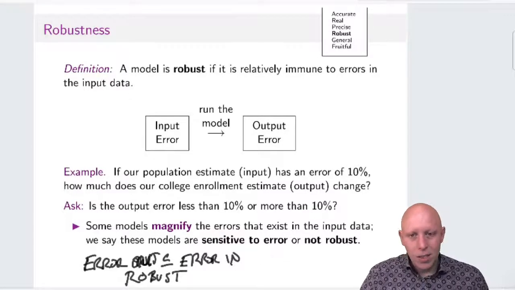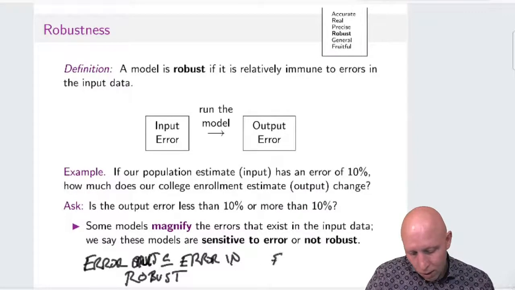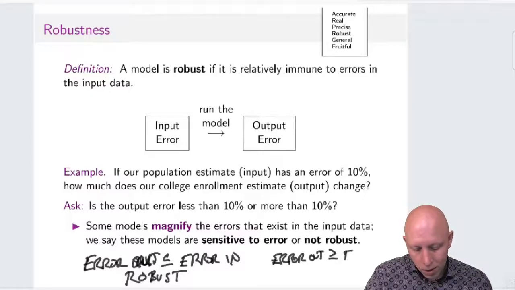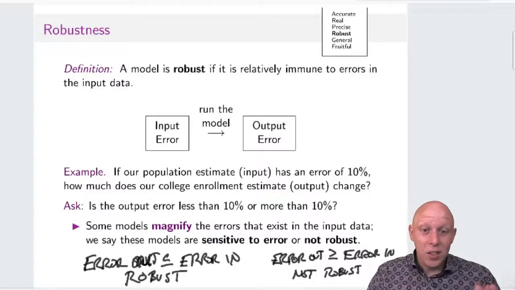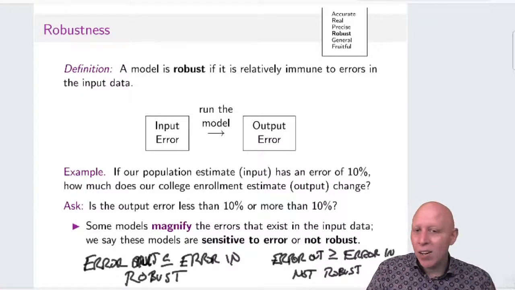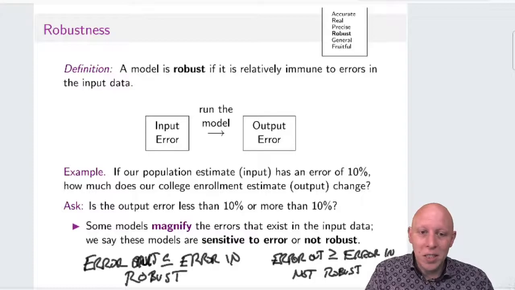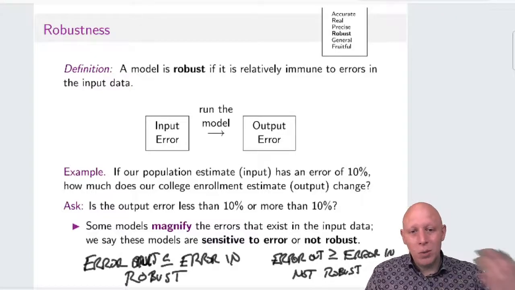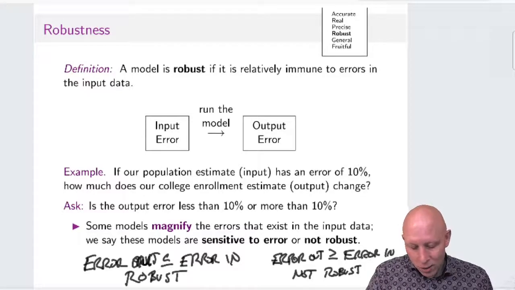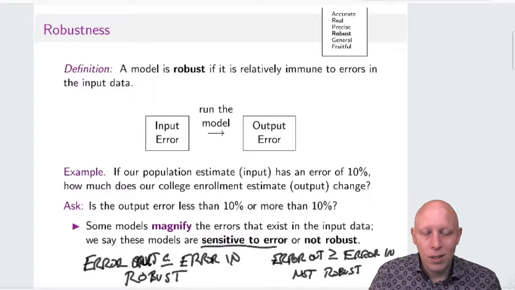If it's the other way, if error out is bigger than or equal to error in, we're going to say it's not robust. And again, this is another spectrum. If the error out is a lot less than the error in, we're going to say the model is very robust. If the error out is much bigger than the error in, we're going to say the model is very sensitive to error.